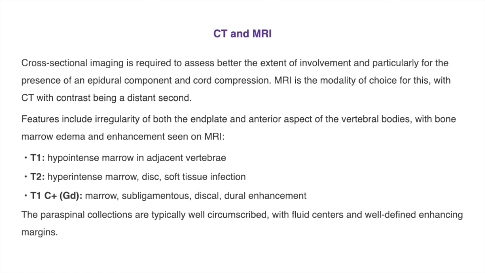Features include irregularity of both the end plate and anterior aspect of the vertebral bodies with bone marrow edema and enhancement seen on MRI. The paraspinal collections are typically well circumscribed with fluid centers and well-defined enhancement margins.